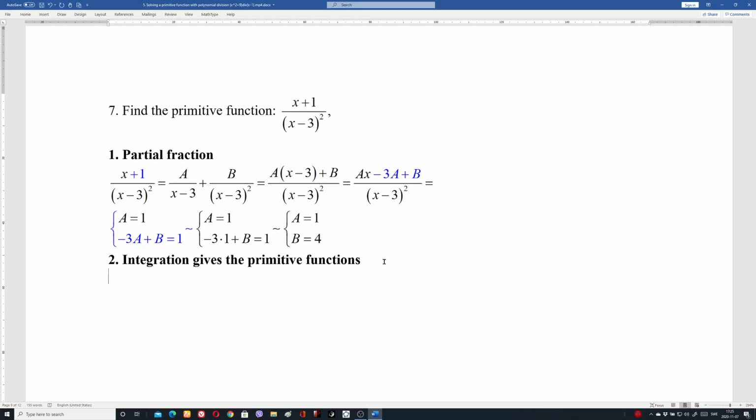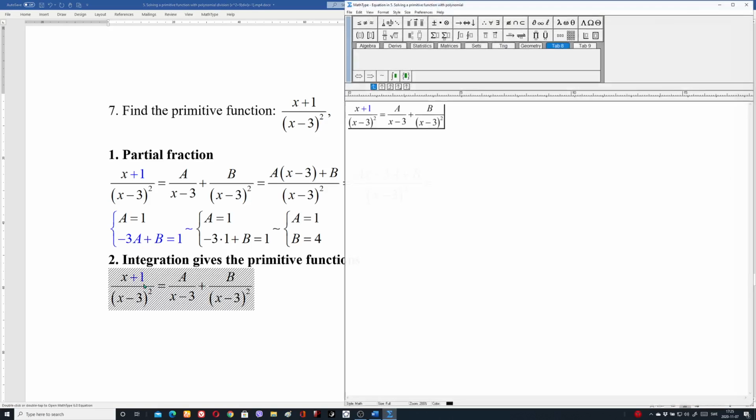Okay, so now I will find the primitive function of this one here, and I will put integration here, this integral, dx, and this one here is the same.